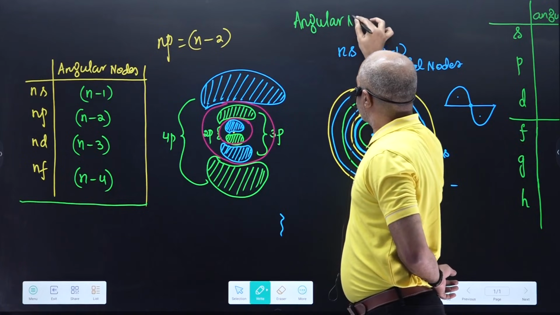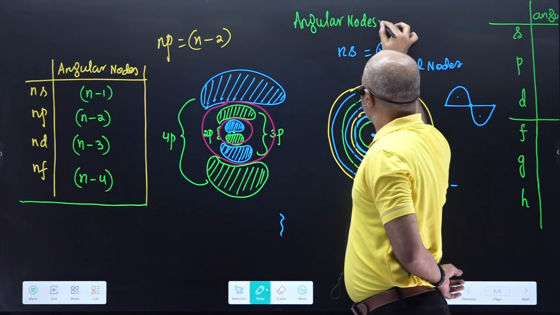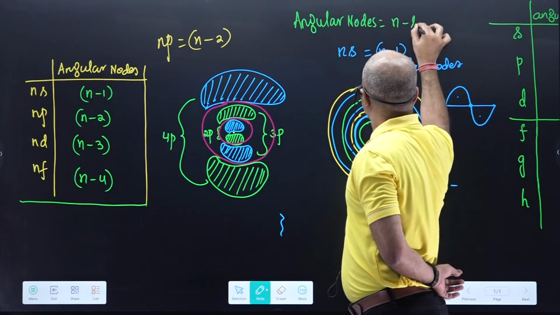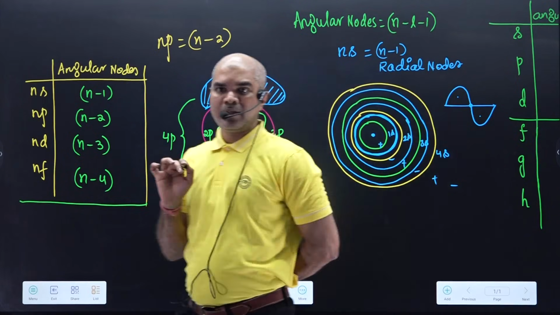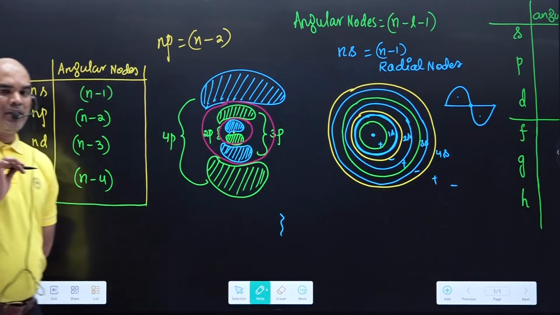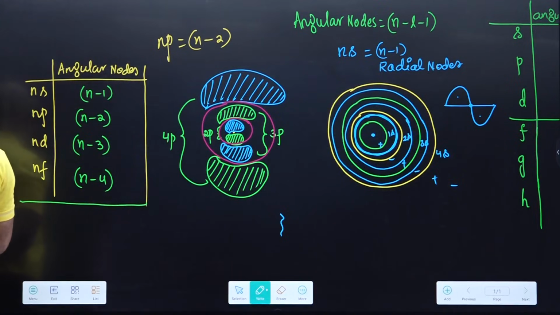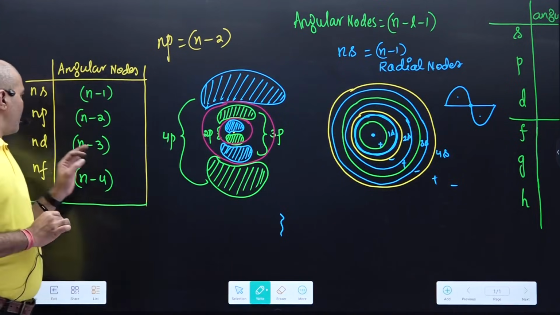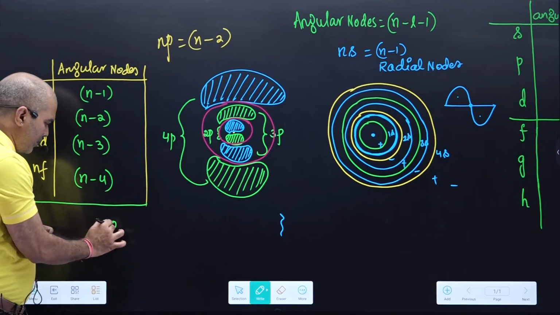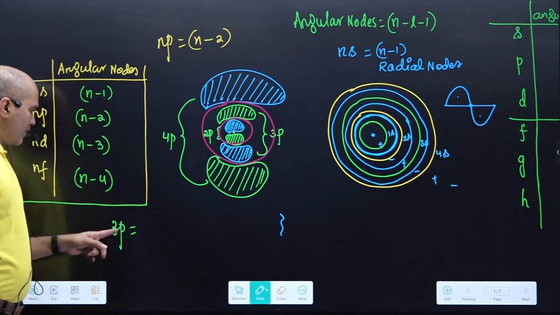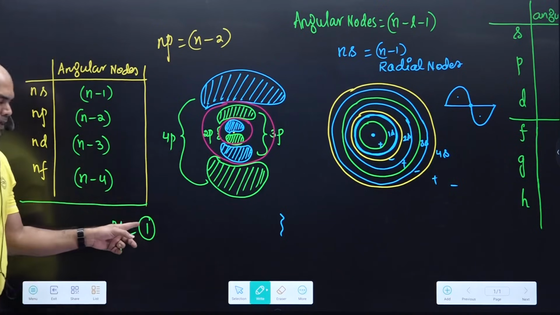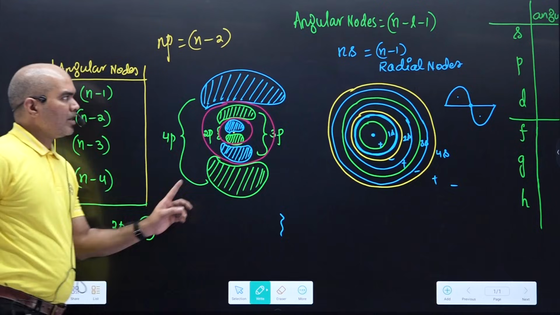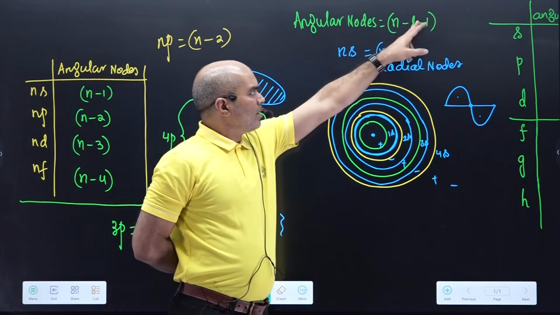Can I take this? Is it applicable or not? You check if it is applicable. N minus L minus 1. So let me take 3p orbitals. For 3p, n minus 2, it means there should be one radial node for 3p. So n minus L minus 1.